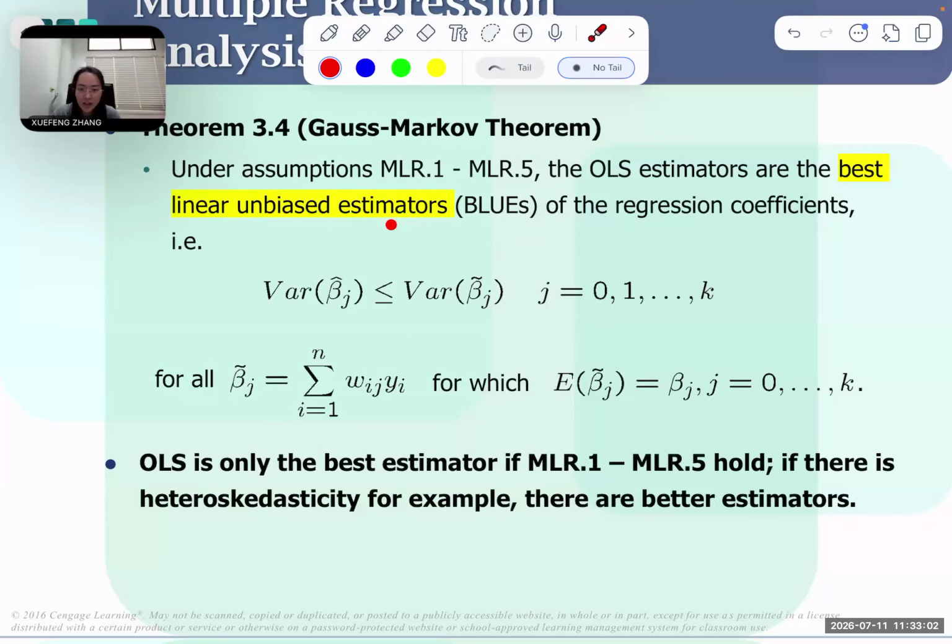Among all linear unbiased estimators, OLS has the smallest variance. So here, variance of beta j hat is smaller than or equal to variance of beta j tilde, for every other candidate beta j tilde you could dream up.